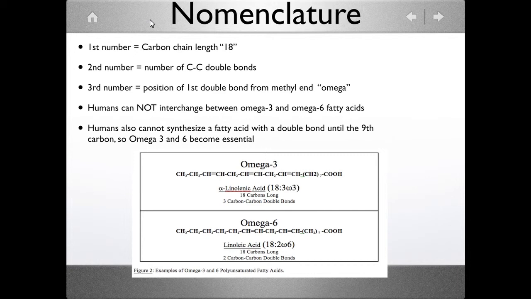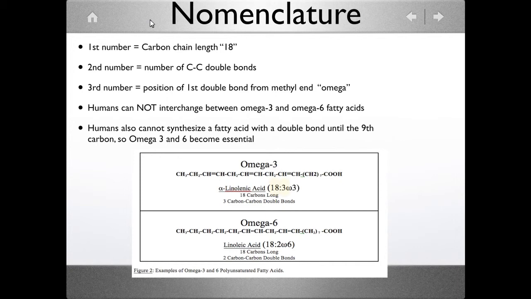And then the nomenclature of fatty acids, a lot of times you'll see things like 18:3 omega-3, for example, if you look at alpha-linolenic acid. Each of these numbers has a specific meaning. So the first number, which is here, you can see 18. That's the carbon chain length. The second number is how many double bonds there are.